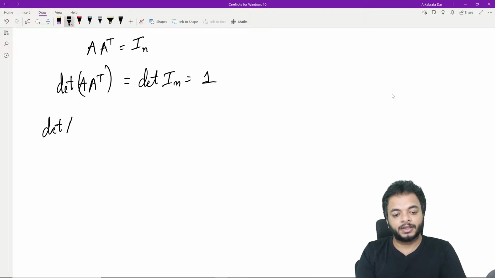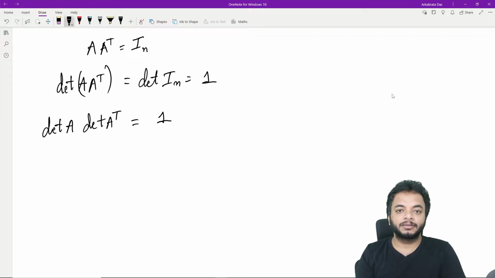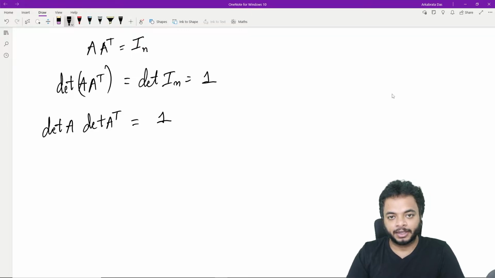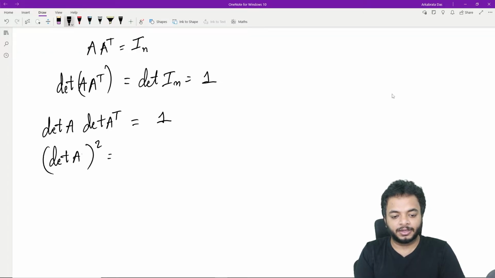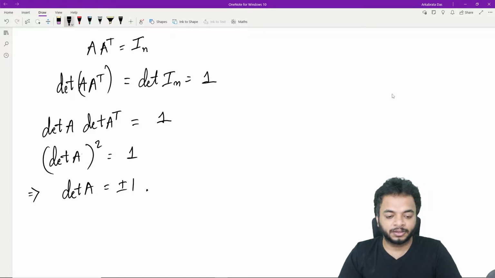So the determinant of A times the determinant of A transpose equals 1. Now the determinant of A transpose is the same as the determinant of A, so this boils down to the determinant of A, whole squared, equals 1, which implies that the determinant of A is plus or minus 1. And this is a very nice property of orthogonal matrices.